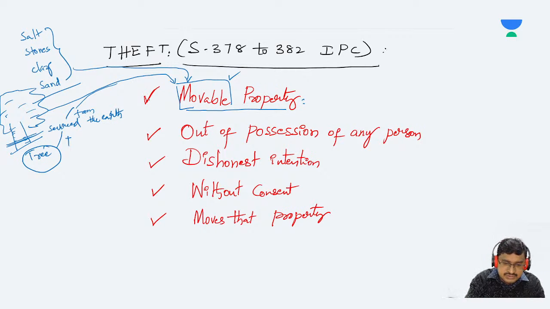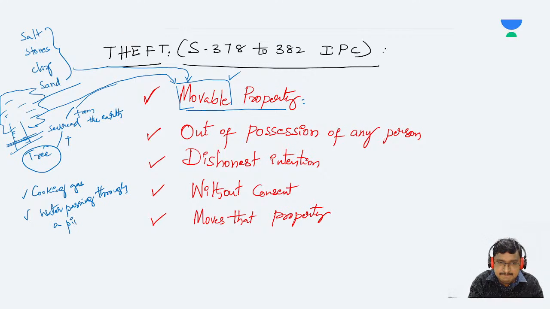Thereafter, friends, cooking gas is also movable property. Water passing through a pipeline also comes under the purview of movable property.